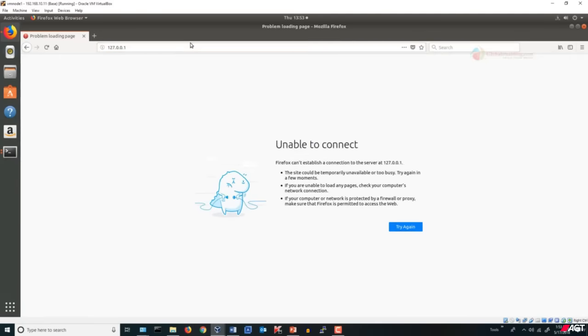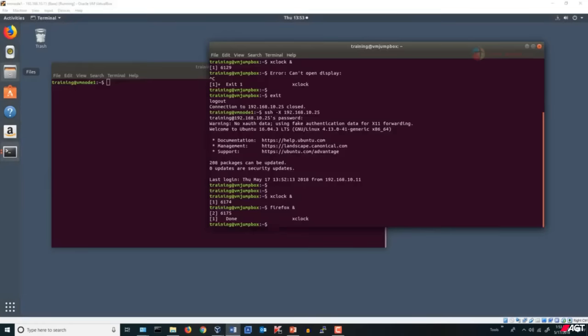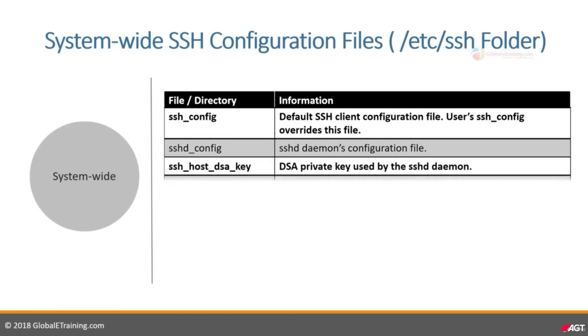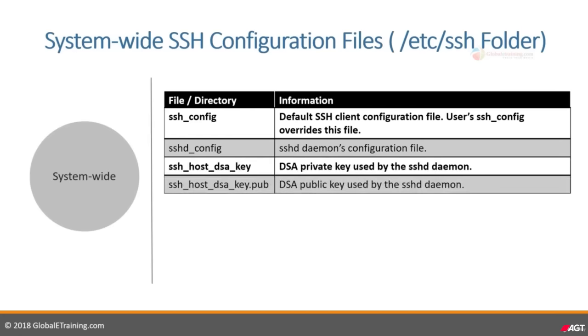Now let us quickly take a look at how we can disable X11 forwarding from the sshd_config, which is the configuration file of the SSH daemon. The next two are the host DSA public key and the private key used by the SSHD daemon.